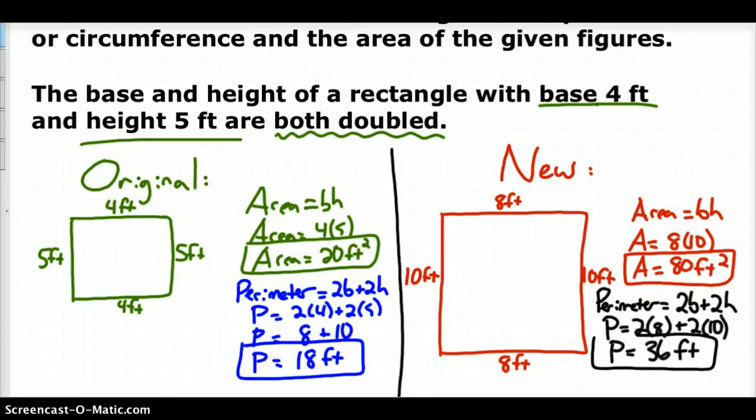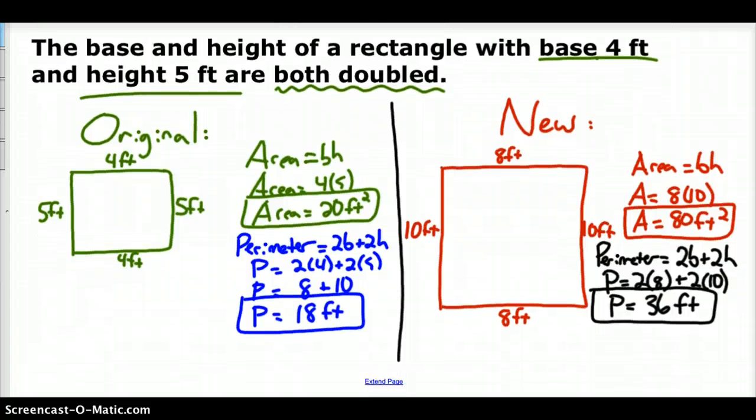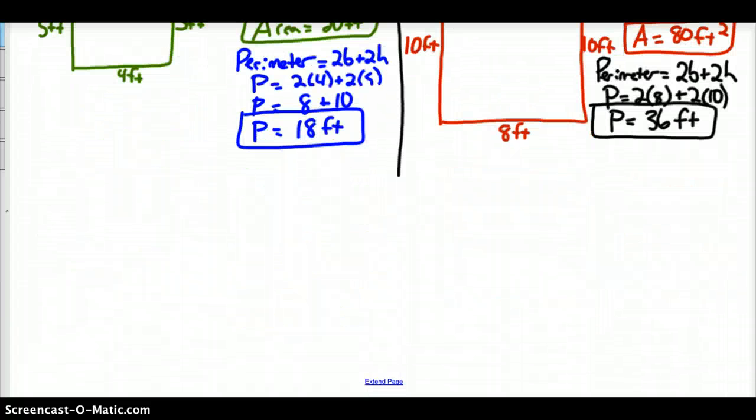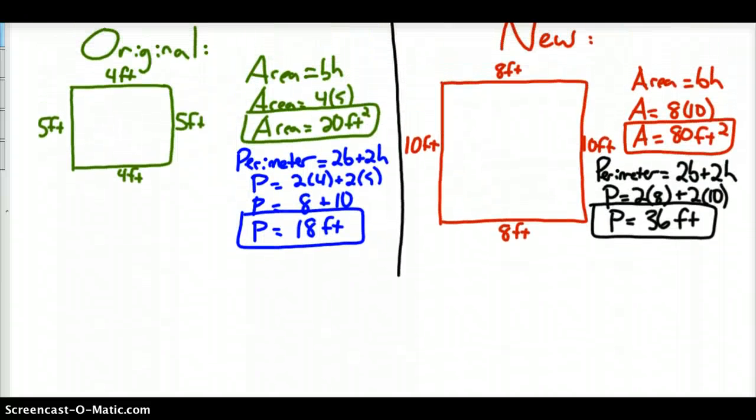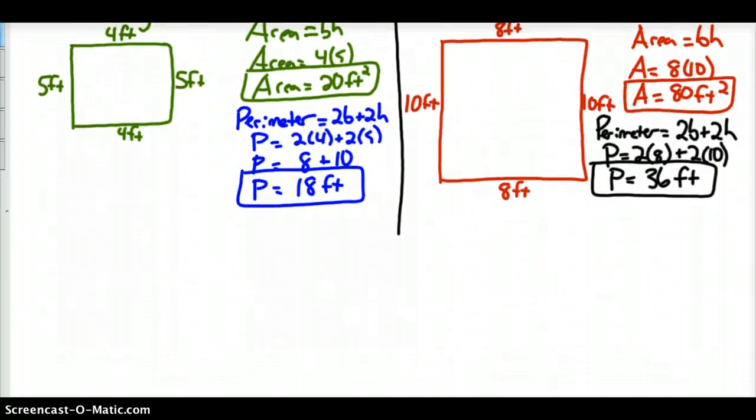Now we've calculated both of these things, and we want some sort of summary. Let's look at the perimeter first. It looks like when we look at 18 feet and 36 feet, if you multiply the perimeter by 2, you end up getting the perimeter of the new figure.